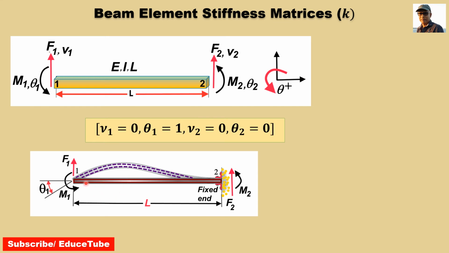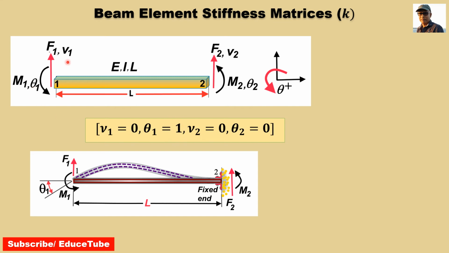Here also at node 1, we consider an arbitrary value, θ1 equal to 1.